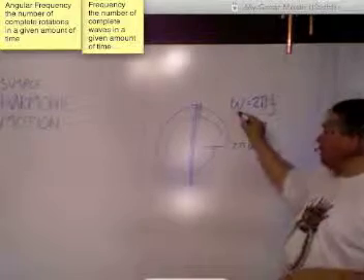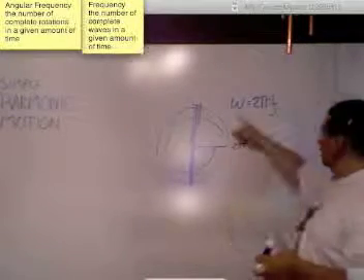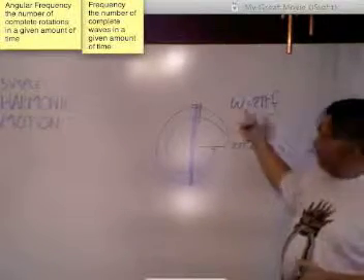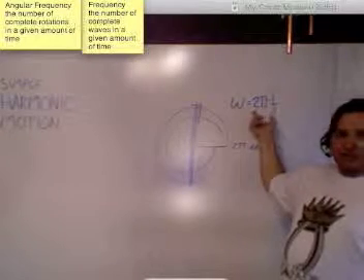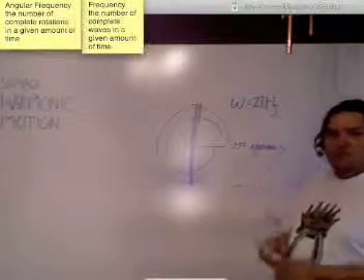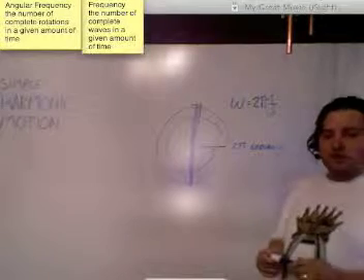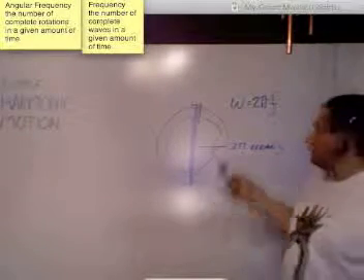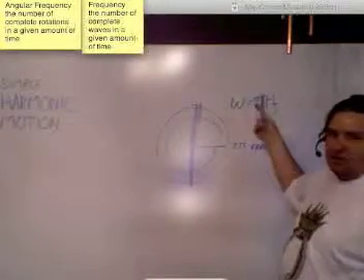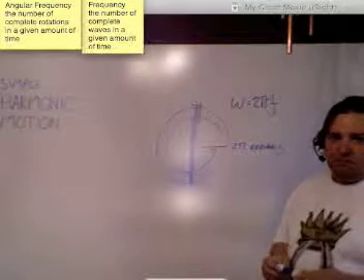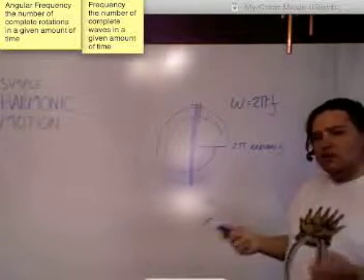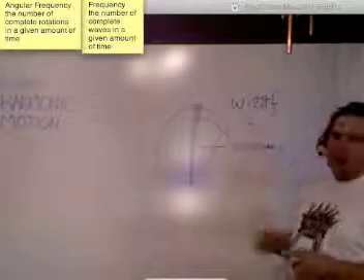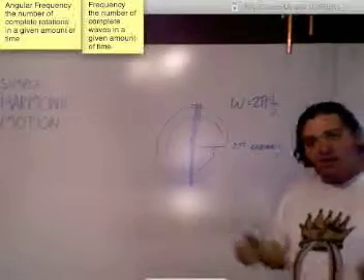That angular frequency is equal to a complete circle, 2 pi, times the regular frequency, the linear frequency. That's the relationship between angular frequency and linear frequency. Okay? So if you need to convert one to the other, that's the way in which we do it. But that's angular frequency.